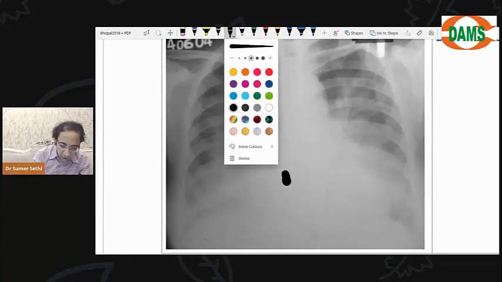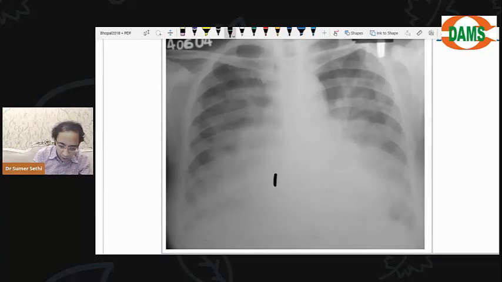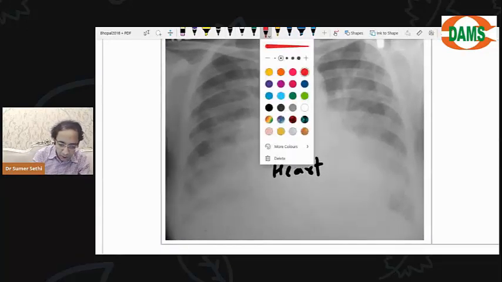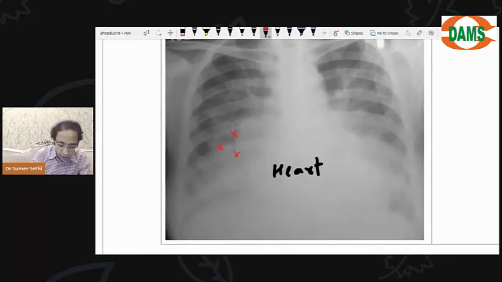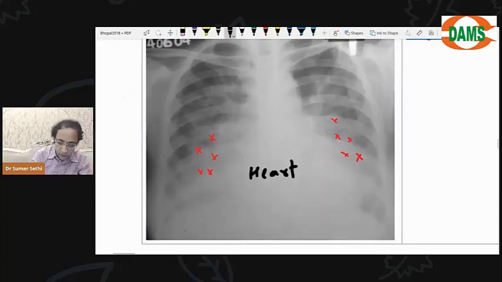Suppose if this is your heart, do you see in this chest X-ray there are opacities? Can you see there are white fluffy opacities? X-ray chest, if I see something white, I call it opacities.